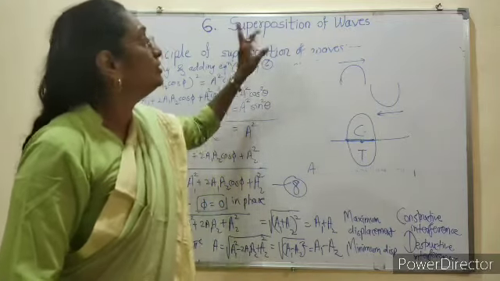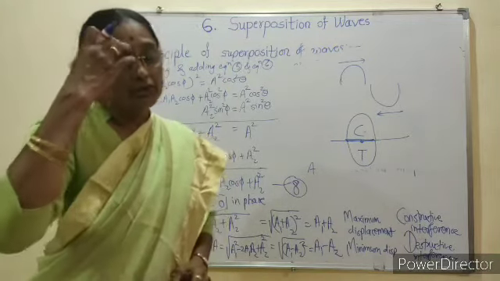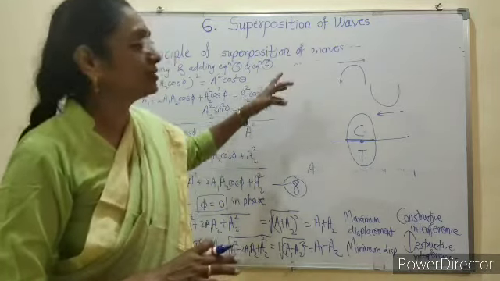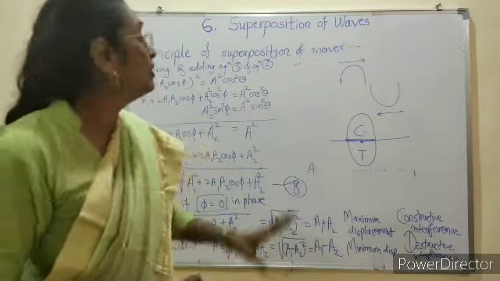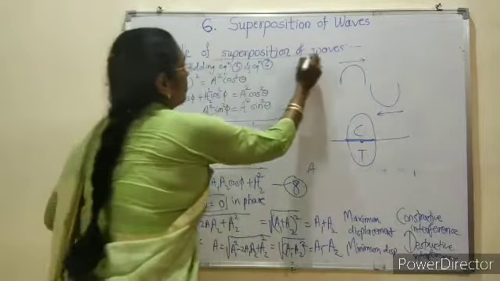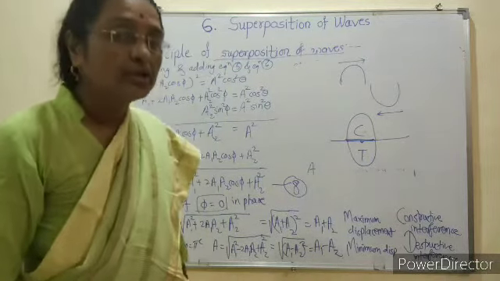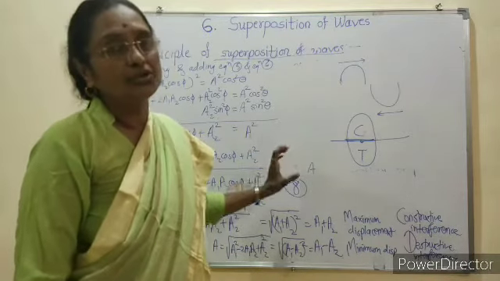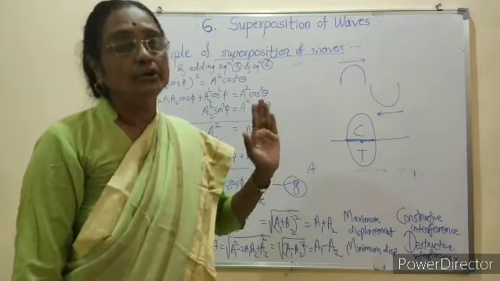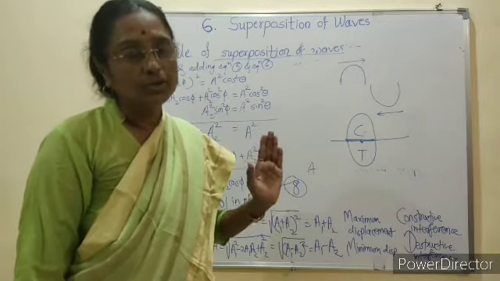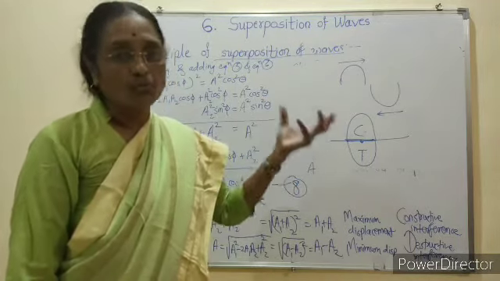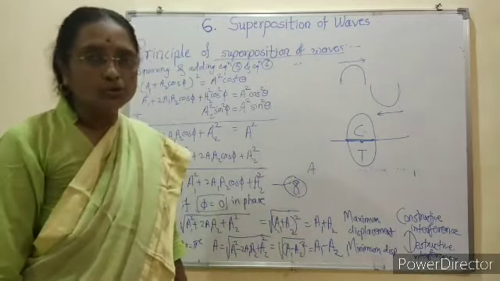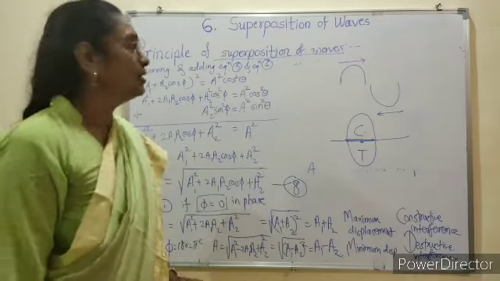So in the superposition of waves, we have to study interference and its two types, constructive and destructive, according to the principle of superposition, in which the main point is that we have to consider the vector sum of displacements due to the two waves or more waves. In our example, we have taken only two waves for the superposition.